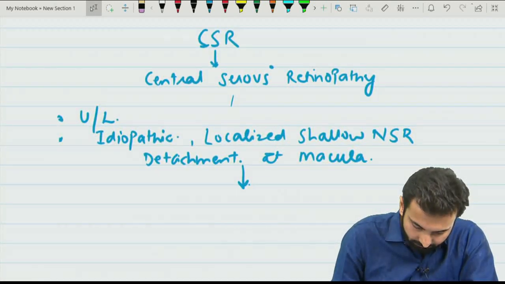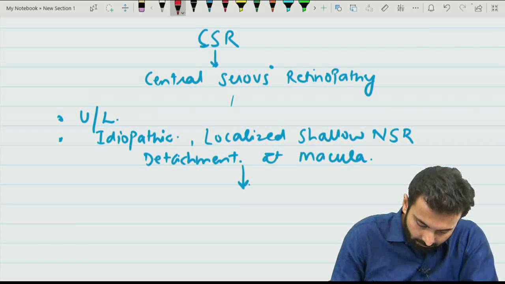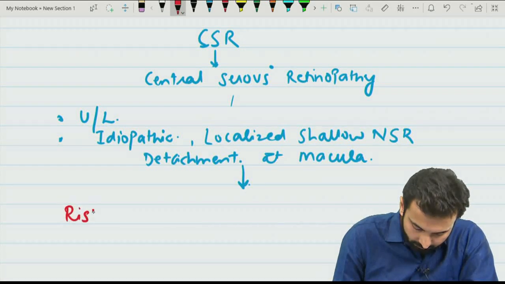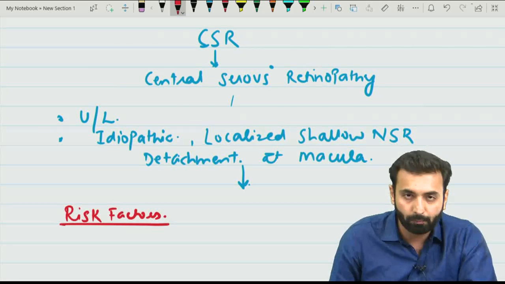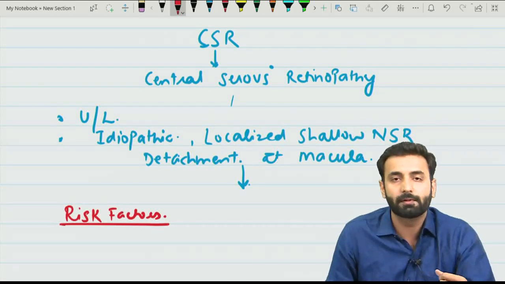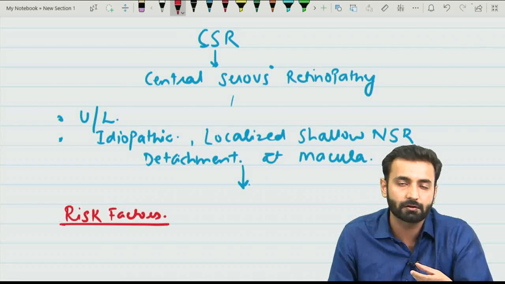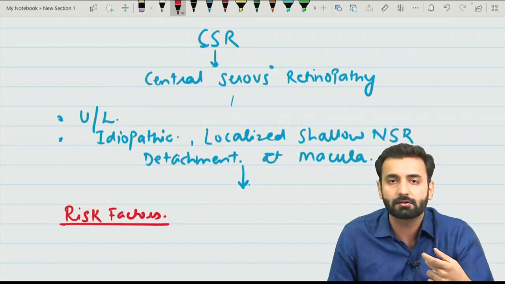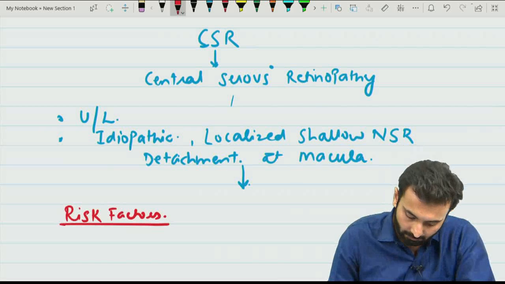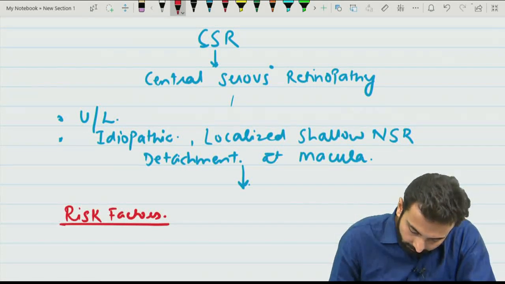Now coming to the risk factors of CSR. It is more commonly seen in males, and the age group affected is 25 to 55 years, with a history of smoking, stress or type A personality. So write down risk factors.